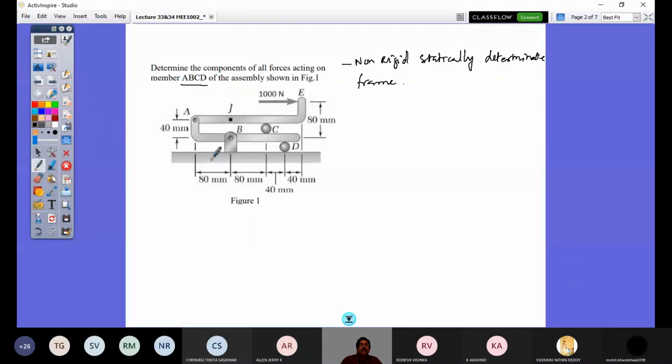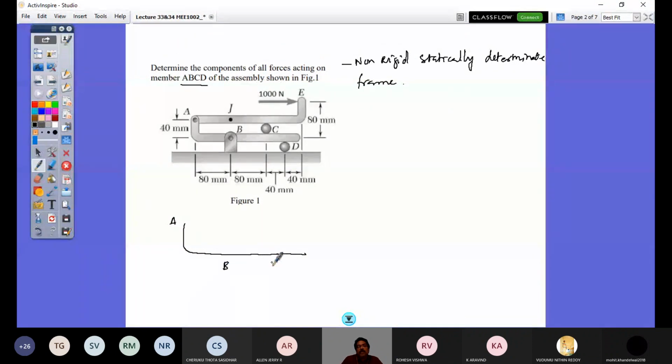So now what is asked is to determine all force components in the member A, B, C, D. So let me draw a free body diagram of A, B, C, D separately. So if this is a schematic representation of A, this point is B, there's a point C here, and there's a point D here.